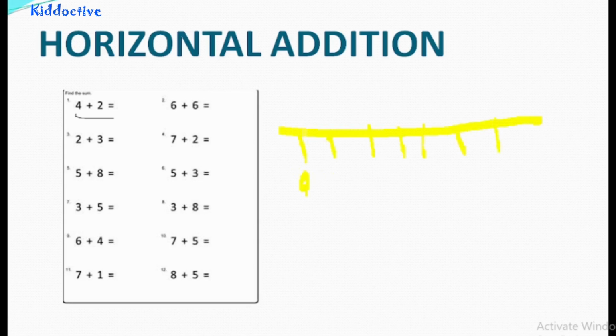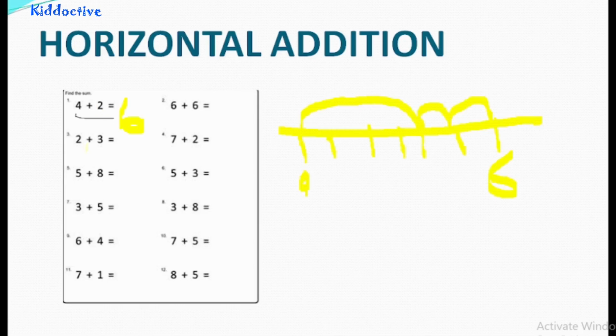First we will go to 4, then 4 plus 2 it's written, so we will go 1 and 2, so its value is 6, right? So 4 plus 2 is 6, or else it's a small number, you can add it with your fingers also.